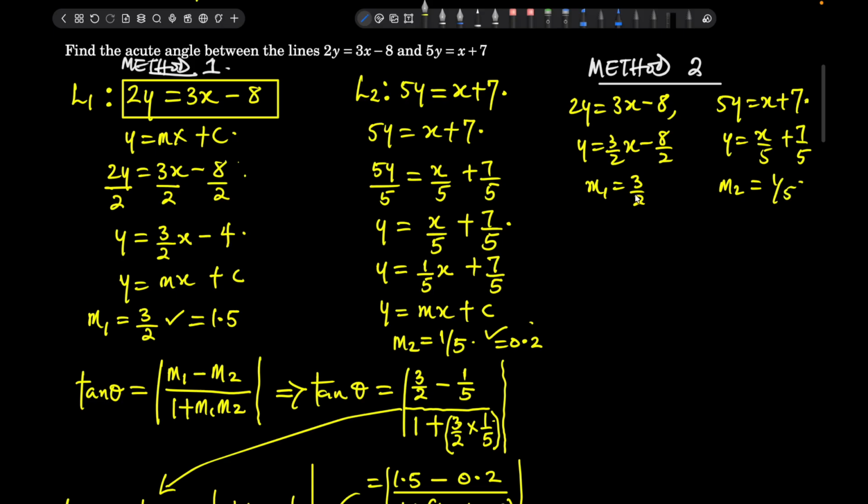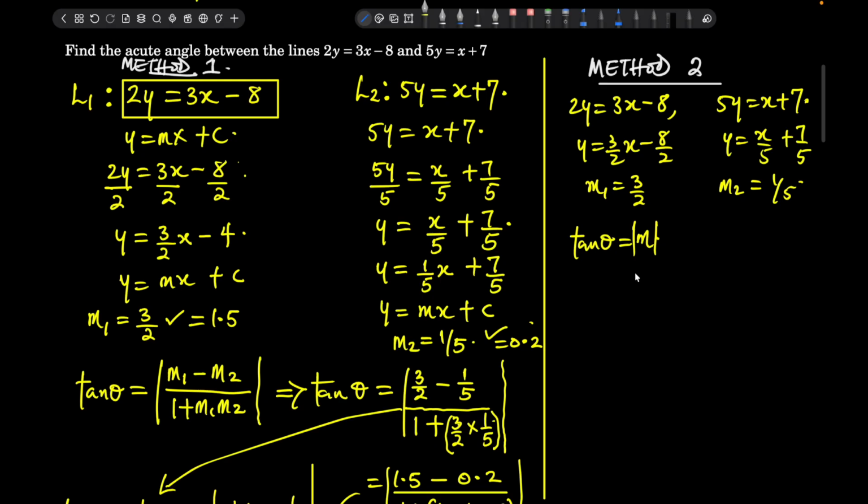Now, what you are going to do from here is, remember that we did something some time ago, that tan theta is equal to the absolute value of m, if you remember. But in this case, we won't be using the absolute value of m.